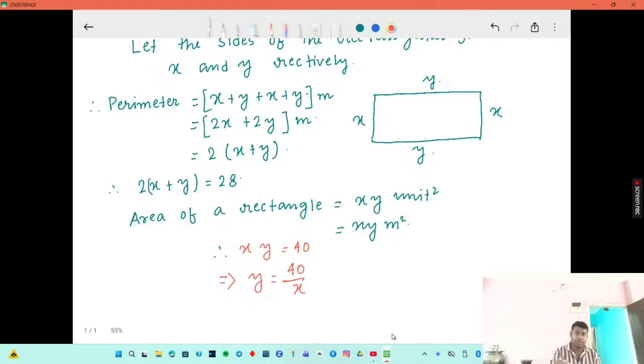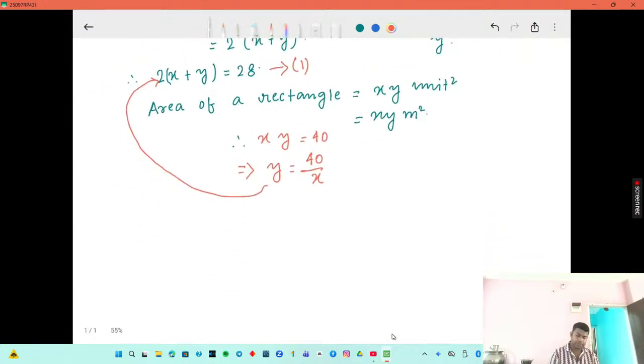So we will put the value of y in equation 1 and we will solve to find the value of x. We will just solve equation 1 to find the value of x.